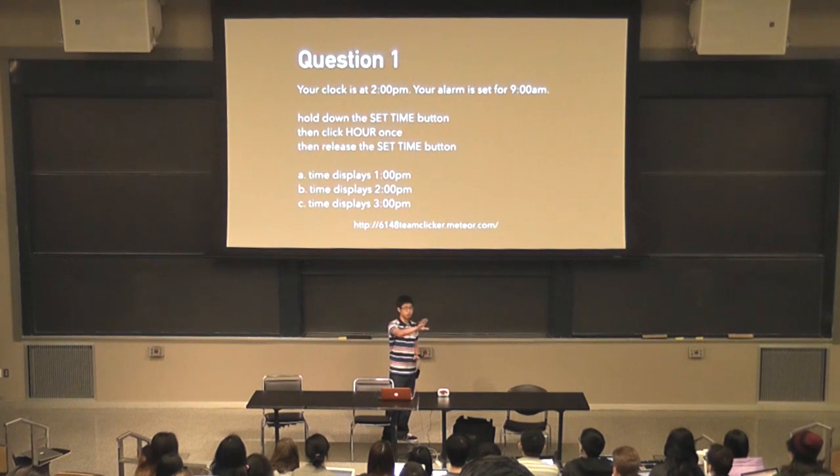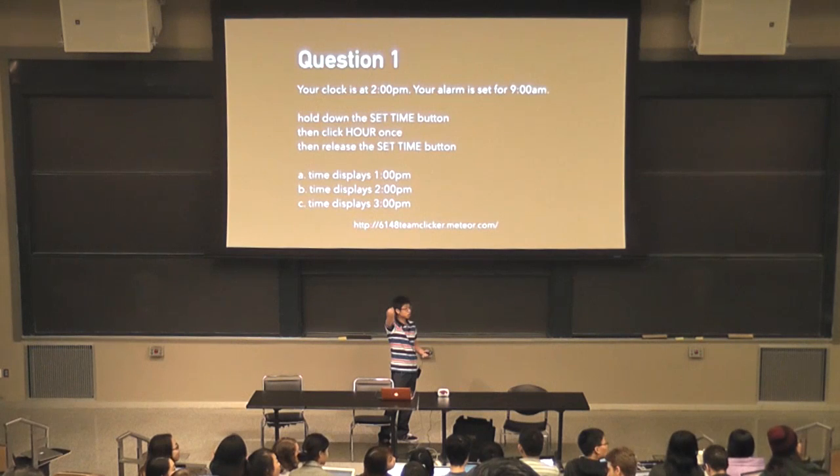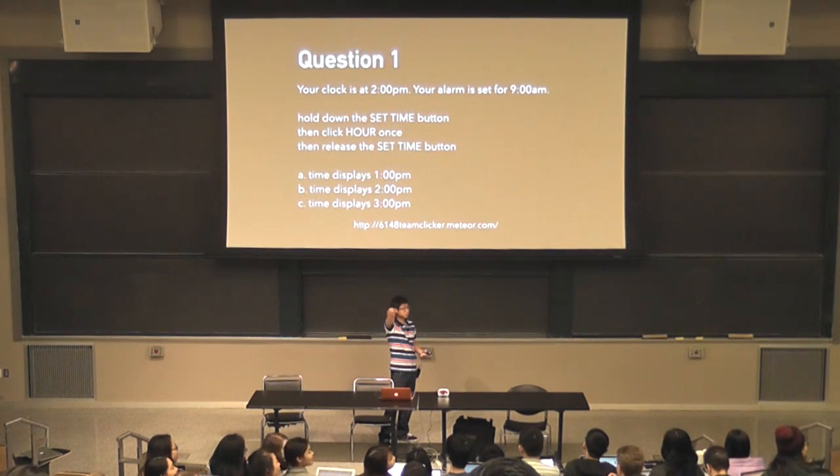And are people not able to connect to the site? Anybody having trouble still? Like, are you on the 6148 team? You're on your own team? On the wrong team. It's pretty sad.